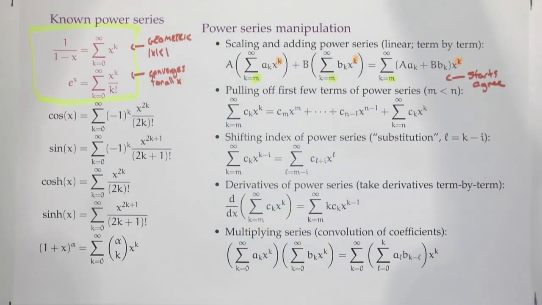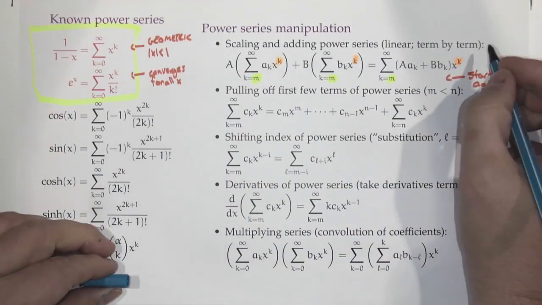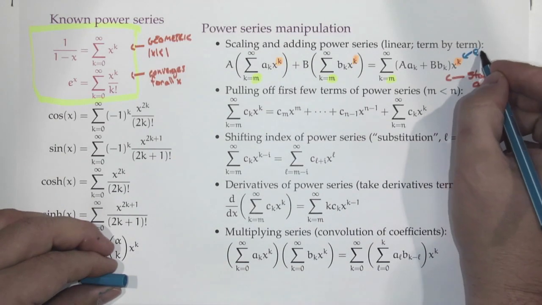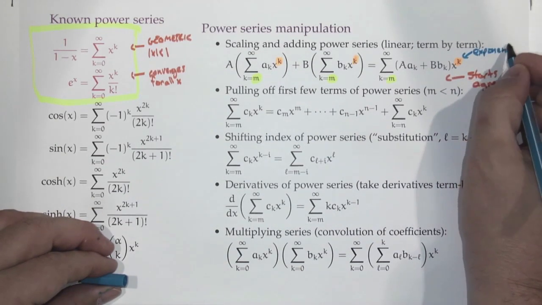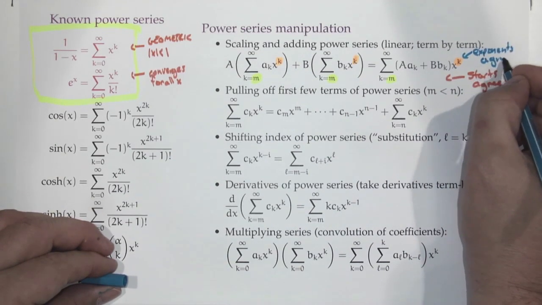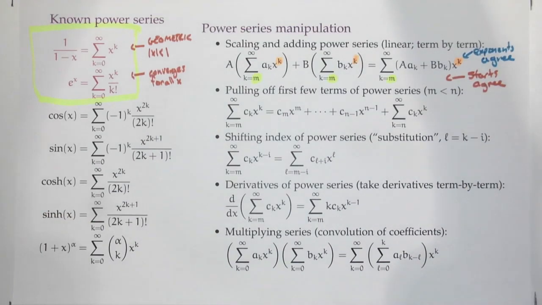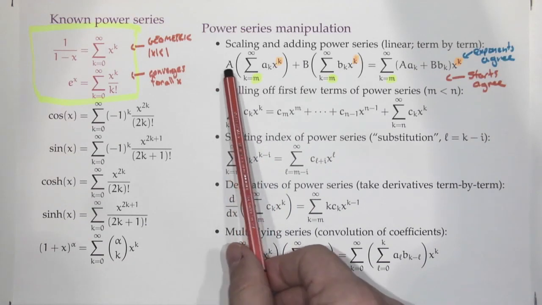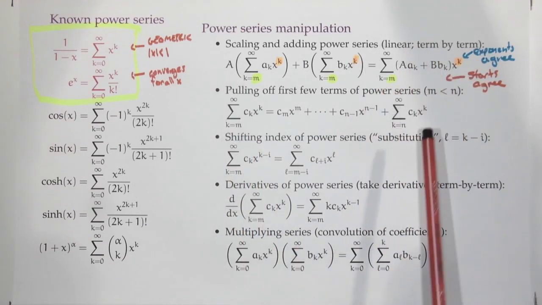So the starts agree, and then these exponents agree. And once we have that, we put everything together and compare coefficients, and life is good. Life is wonderful. And I'll tell you, that's basically the name of the game: how do we put series all together into one part.